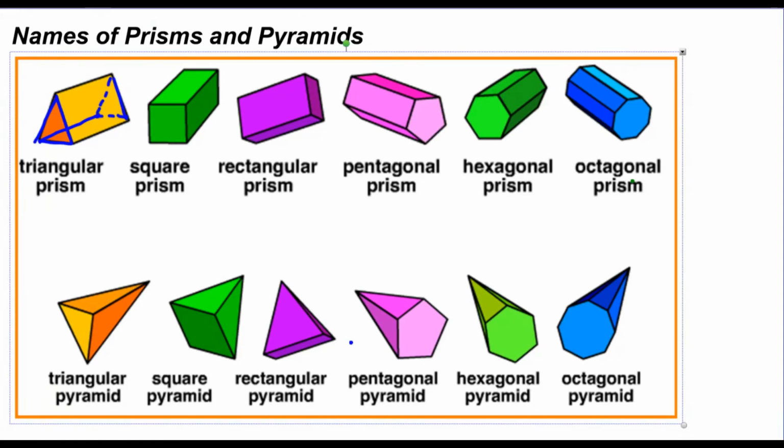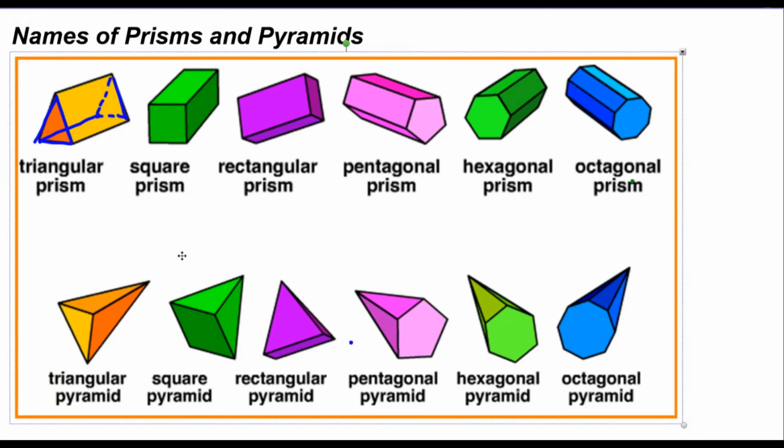We also have a square prism, a rectangular prism, a pentagonal prism, because it has two parallel identical pentagons, a hexagonal prism, and an octagonal prism.